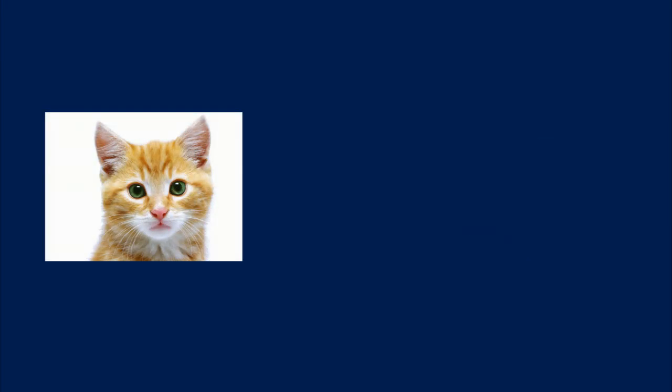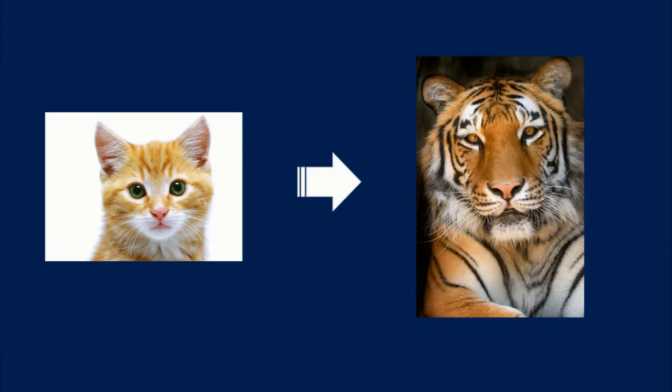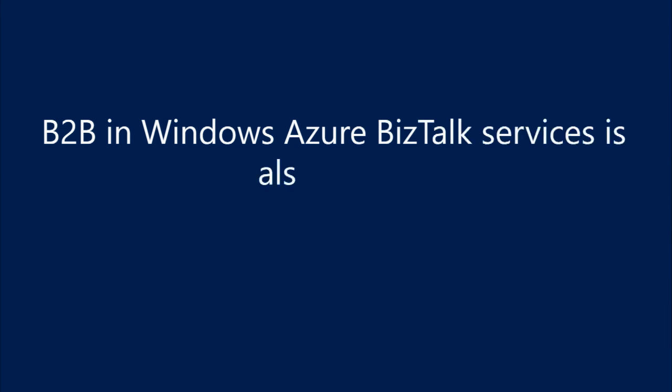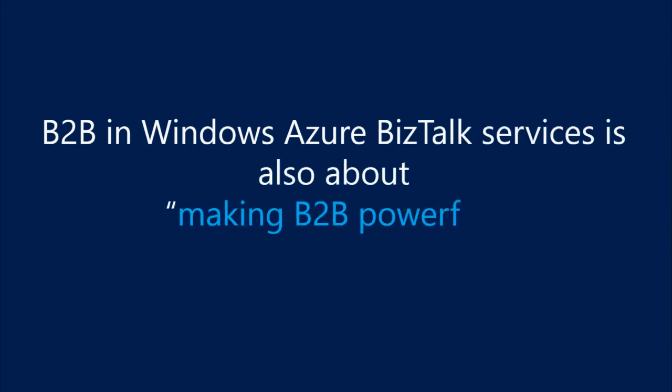OK, it's not as powerful as a cat. Any idea what's coming next? OK, I heard someone in the audience. It's as powerful as having a tiger. Now, the intent, again, is to summarize that B2B on Windows Azure BizTalk services is also about making B2B powerful.